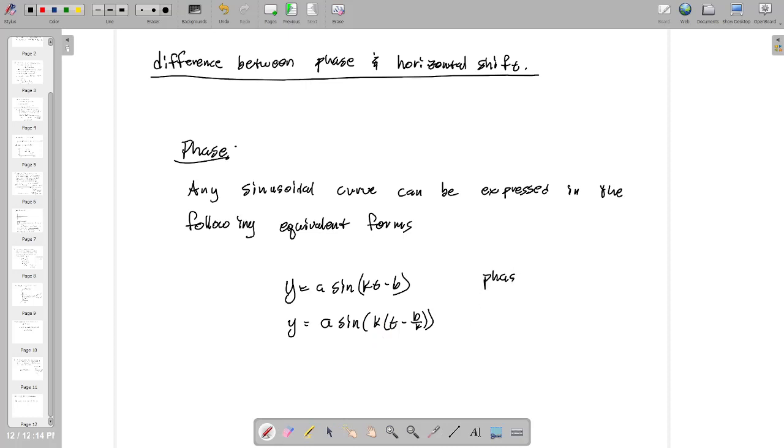Phase is b. The horizontal shift is b over k. This is the difference between phase and the horizontal shift. When you have your k not factored out, this value is your phase.